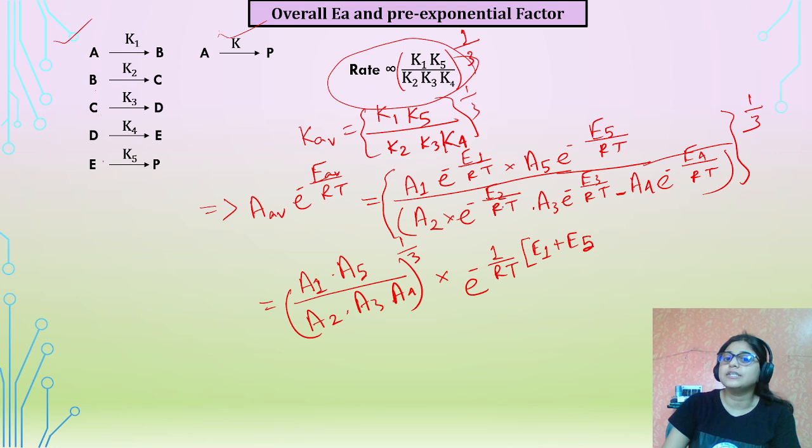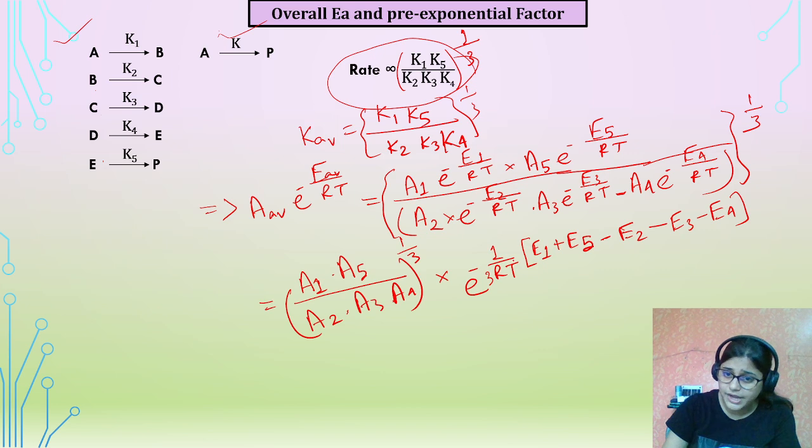It will be plus E2 by RT. Then again, I have taken minus common, so it will be E2. Just simple mathematics. E3, the same way, and also E4. And what about 1 by 3? It will just be multiplied there.